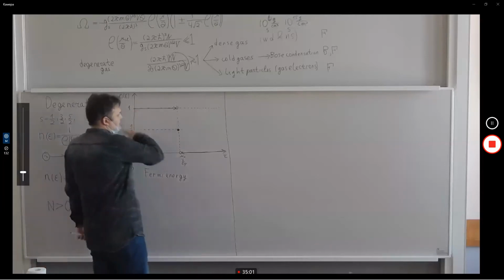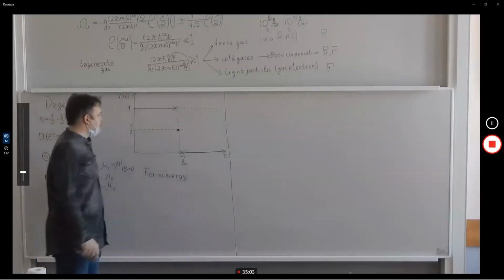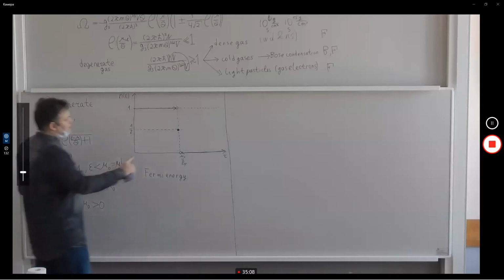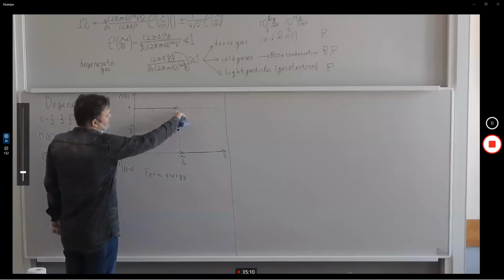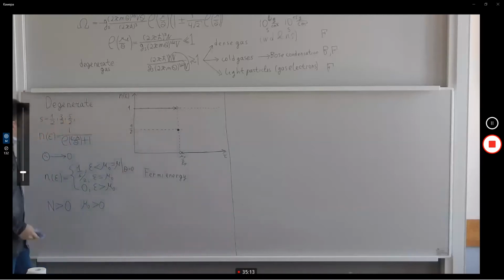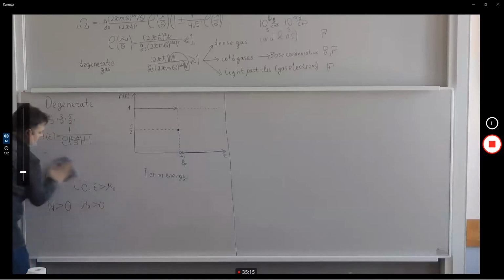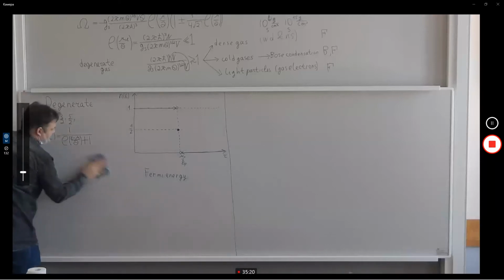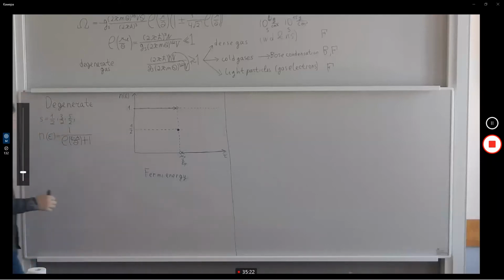The shape and this special form of distribution will change only slightly if the temperature is less than mu sub zero. Now, we assume that temperature divided by mu sub zero is much less than 1.